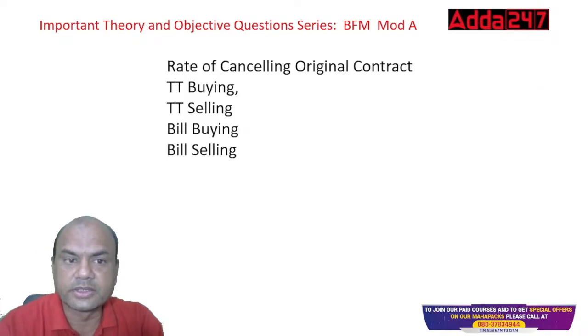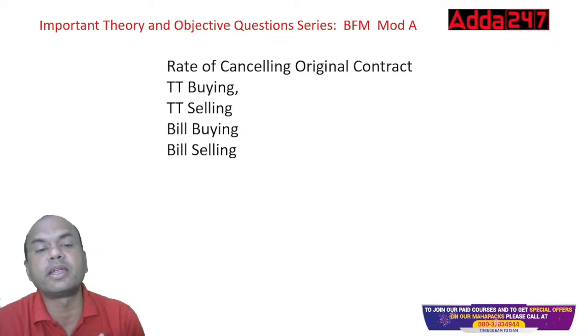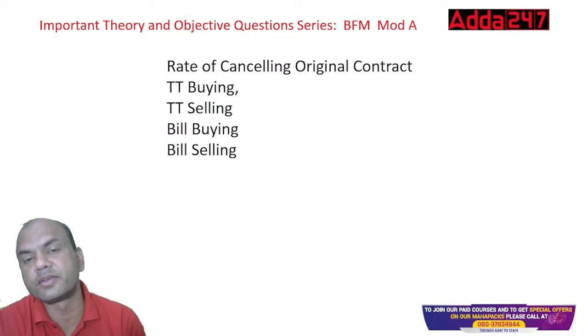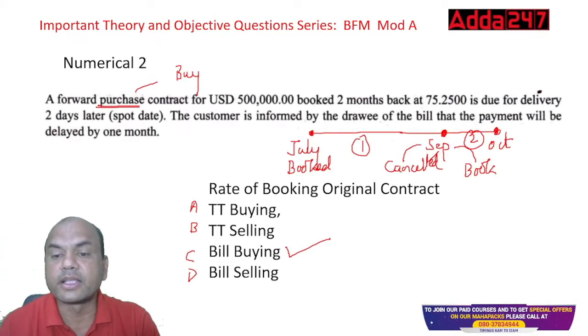Second question: what is the rate of cancelling the original contract? TT buying, TT selling, bill buying, bill selling. Cancelling transaction number 1 is to be cancelled when? It is due tomorrow. Tomorrow means spot. Always remember, this is spot.